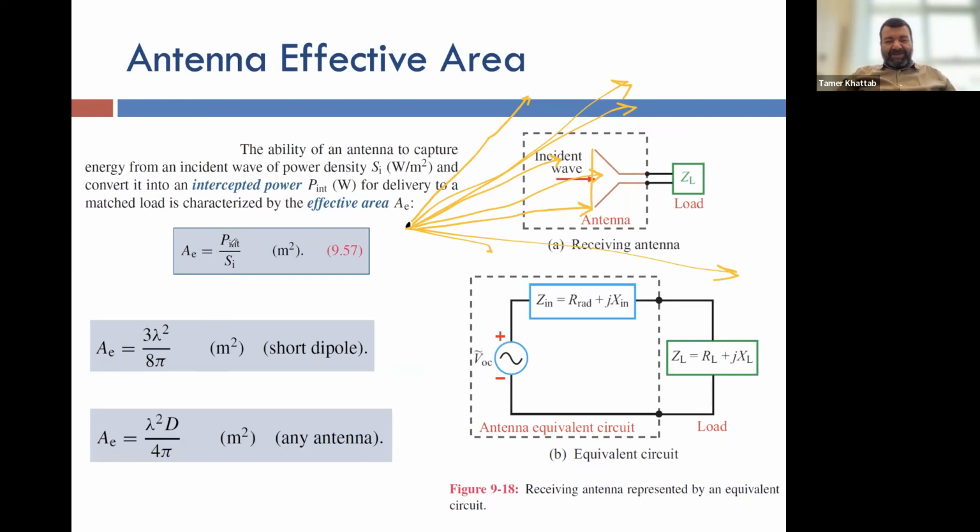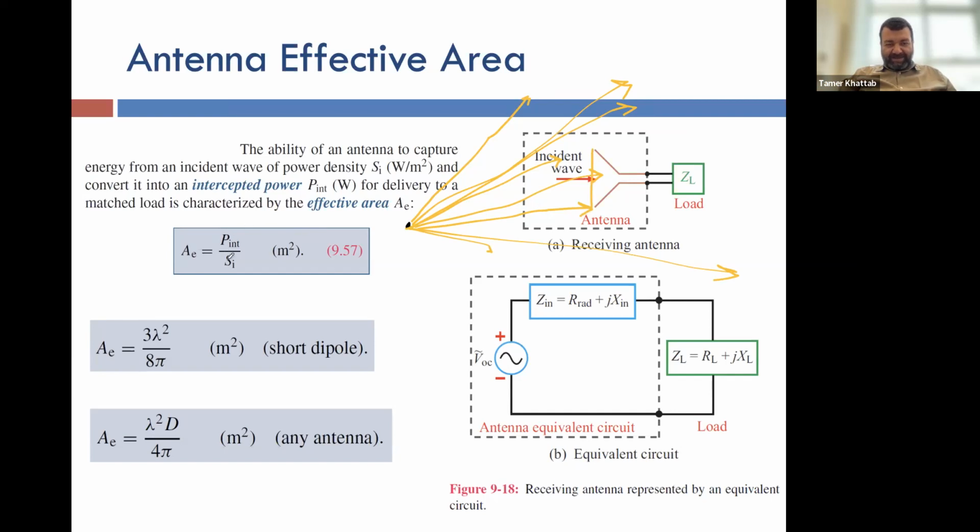And that ratio is represented by the total power intercepted by the antenna, P_r, the amount of power collected by the face of the antenna, divided by the power density coming from the source at the point of the antenna. So the power density S that we calculated for the antennas before.